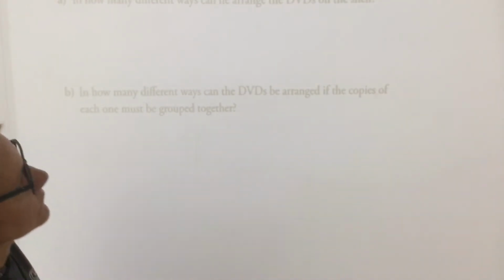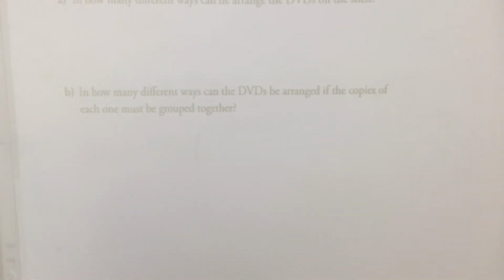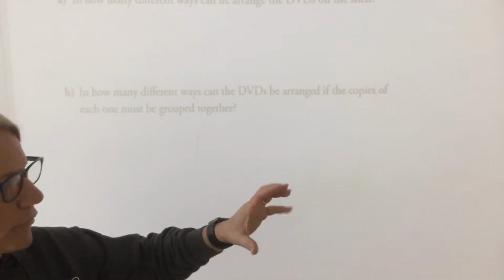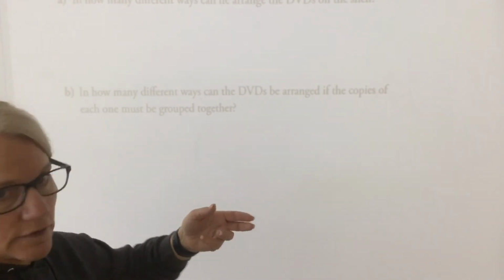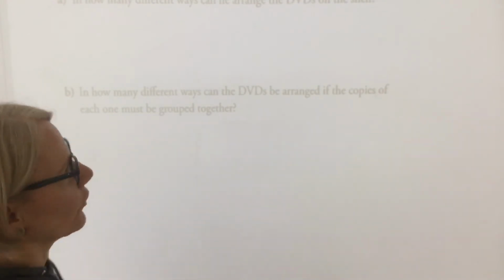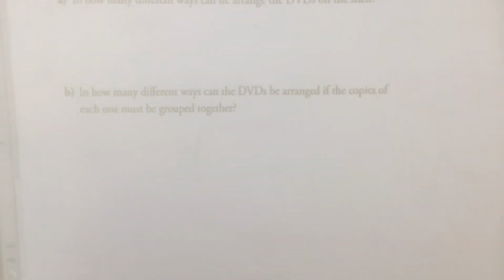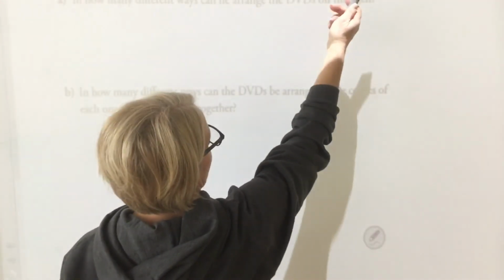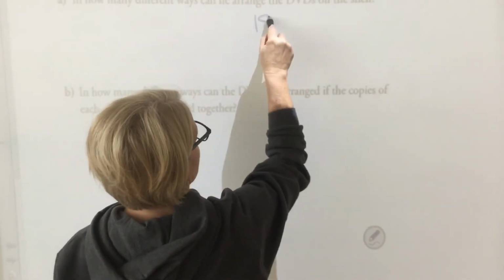Since he has 6 copies each of 3 different new DVD releases, you can think of it like each of those packs of 6 DVDs are repeated objects. They're identical. So we want to think about first, how many total DVDs does he have? So if he has 6 copies of 3 each, then he has 18 total.